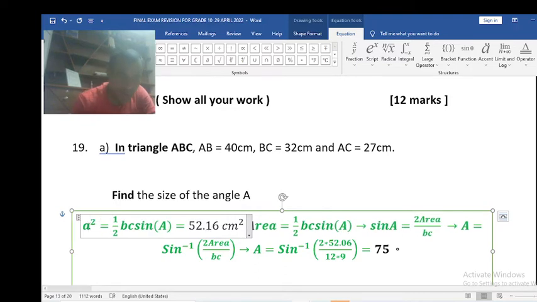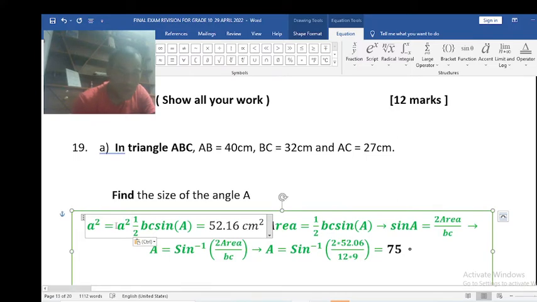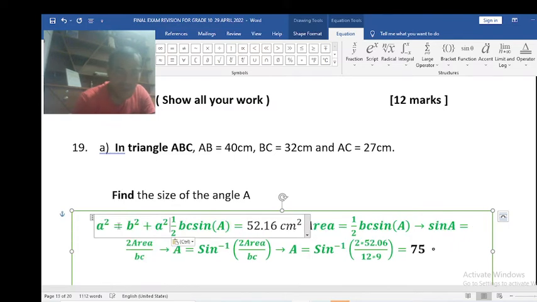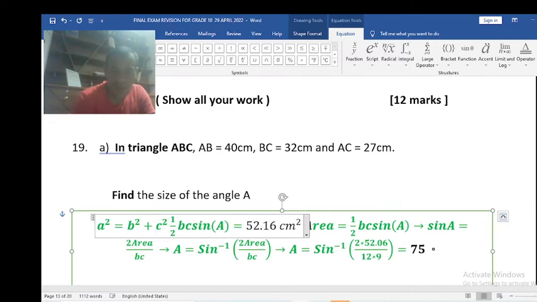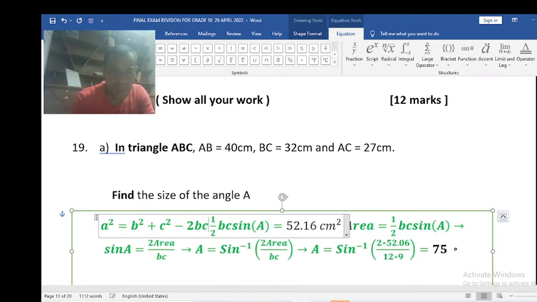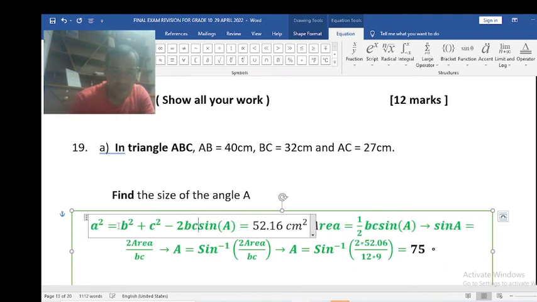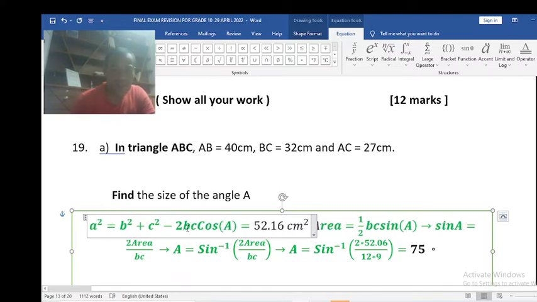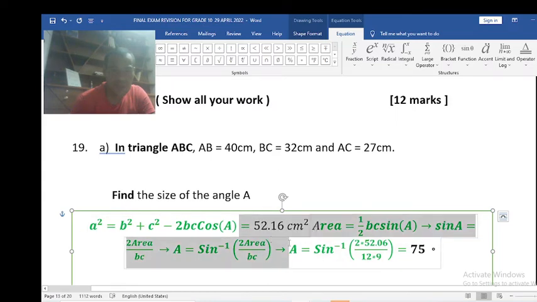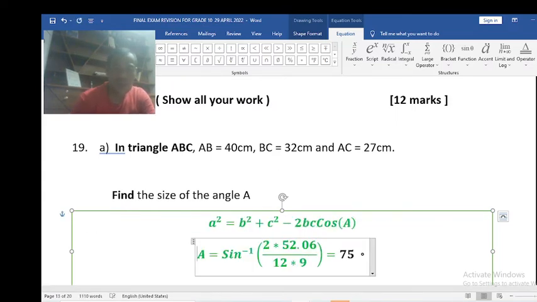equal to b squared plus c squared, then minus 2 times bc cosine of the angle A. Then I'm looking to make cosine of A the subject.